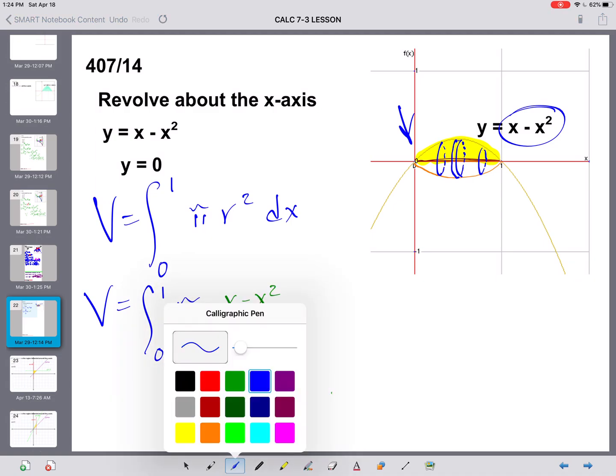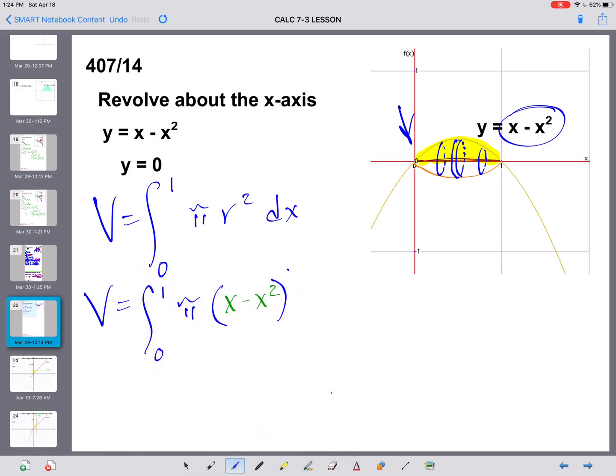But remember, in the formula, r was squared. Let's bring the pi out front, 0 to 1. Now let's do this over on the side: x minus x squared times x minus x squared.